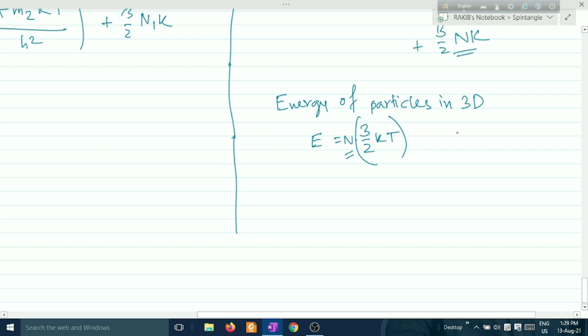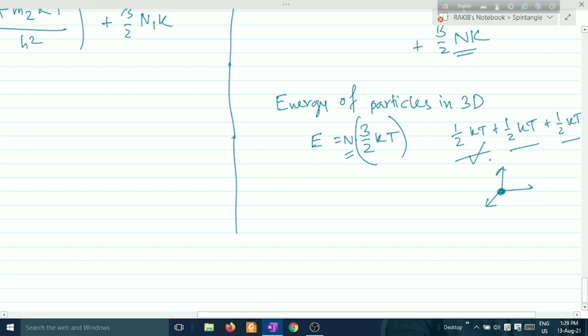You can see this 3 by 2 kT can be written as half kT plus half kT plus half kT. This is called equipartition of energy, in which a gas molecule can have three components of energy along its 3 dimensions: along the x direction, the y direction, and the z direction.